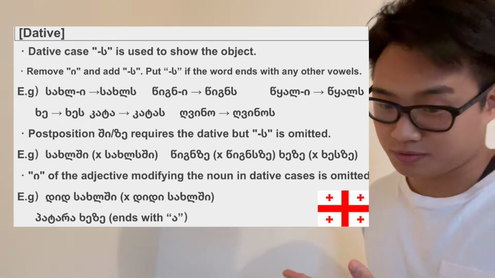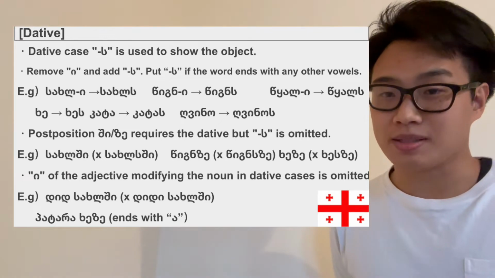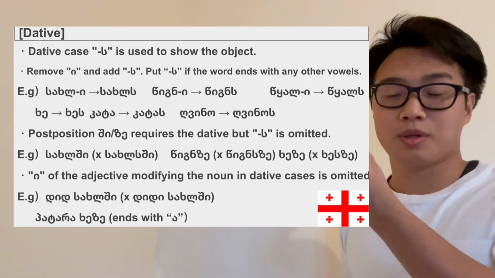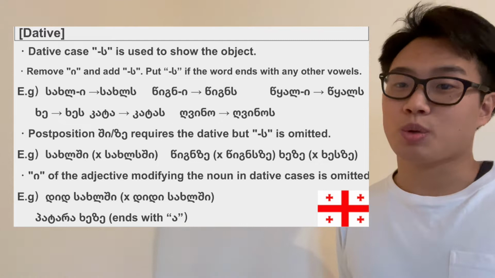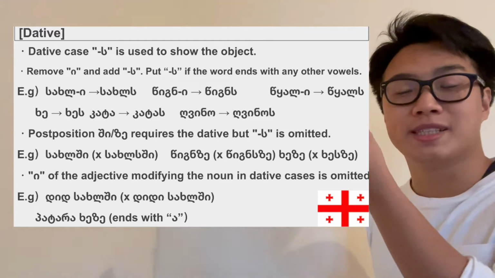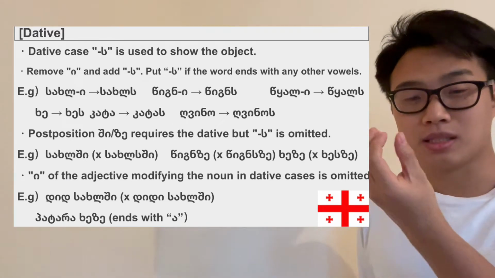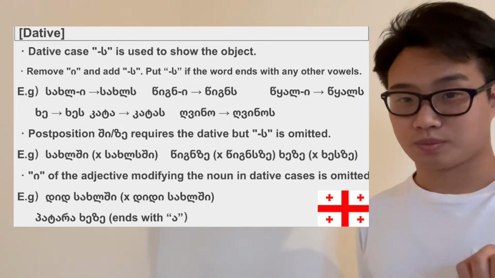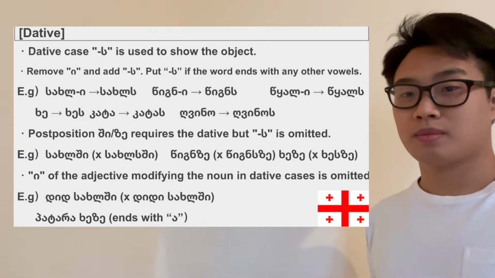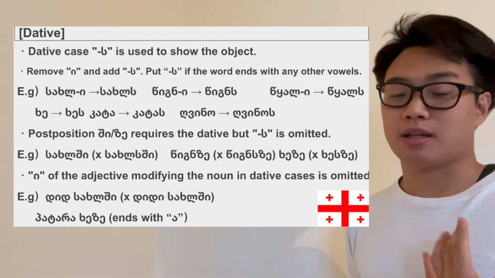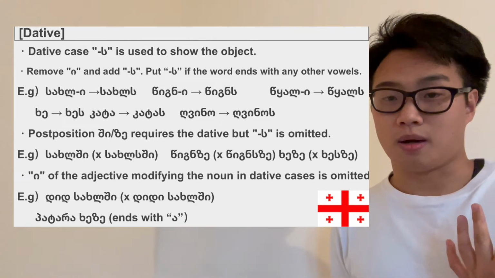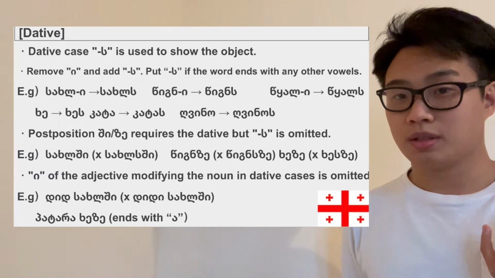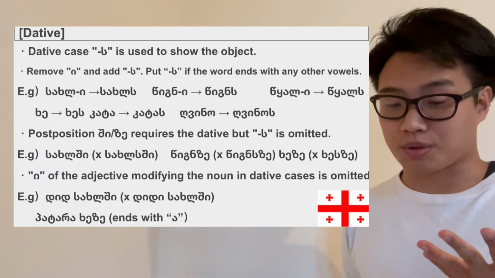For example, sahli, right? The nominative case here ends in e. That's why first of all, we have to remove this e and then add s. Sahli, sahlus. That's the dative case for the word house. Sahli, house. Sahlus, object, right?